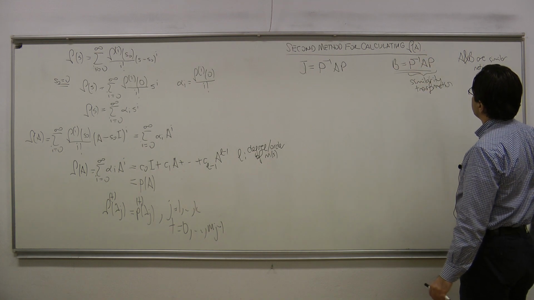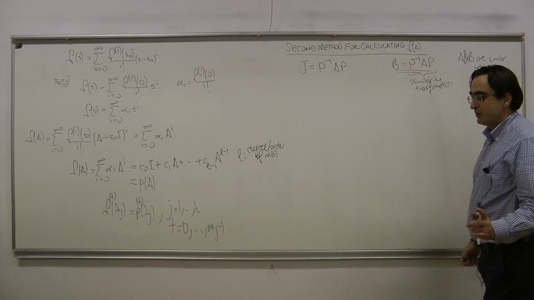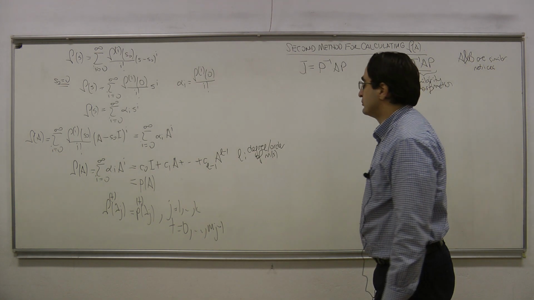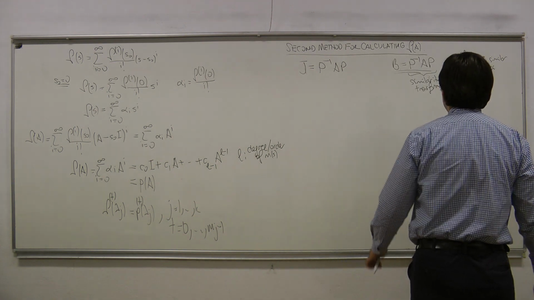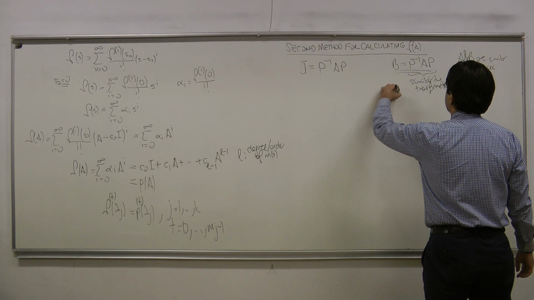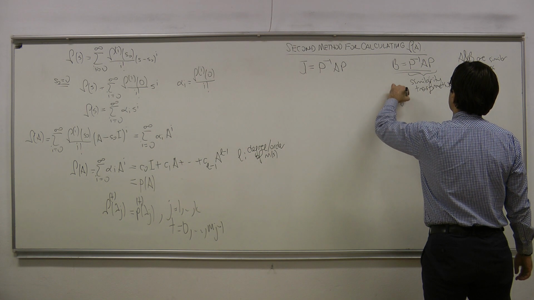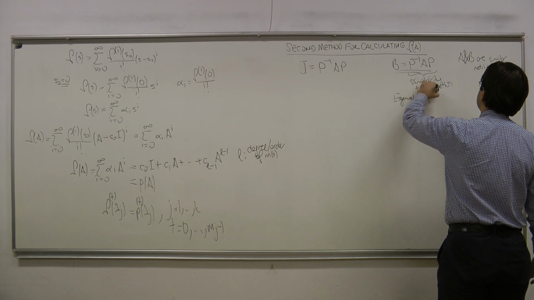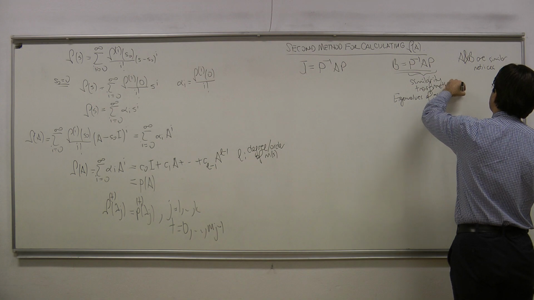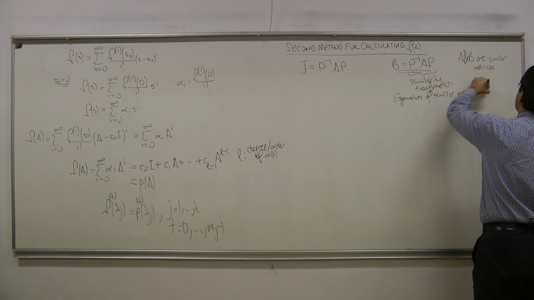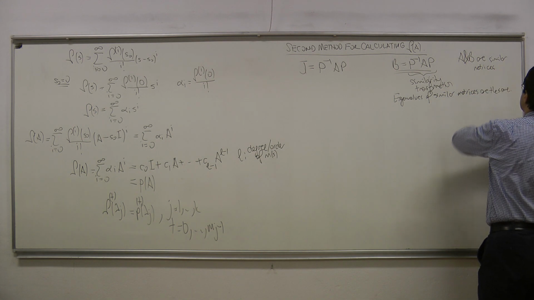And as soon as you see a similarity transformation, there is a very, very well-known property in linear algebra, and that is that the eigenvalues of similar matrices are the same. Okay?